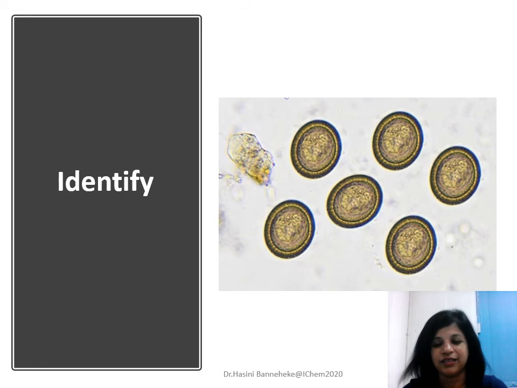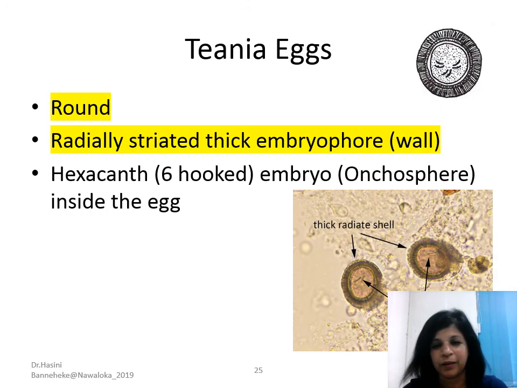This is another egg type which can come out in feces, which may be seen in the fecal samples. Let's see whether you can recognize what it is. This is Taenia egg. That means Taenia solium and Taenia saginata eggs. You can't say whether it is saginata or solium, but these are cystoid eggs.